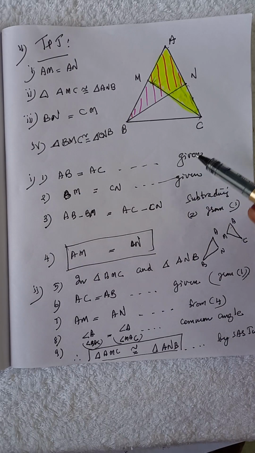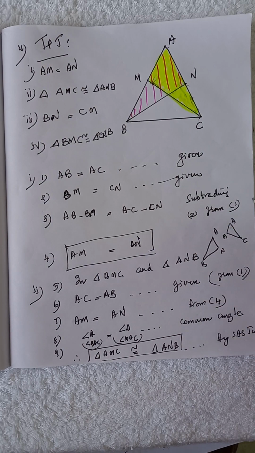Here if you draw these two triangles separately, it will come like this. So here angle A is common. If you turn this figure in this way, you can see that angle A is equal to angle A, then AC will become equal to AB, this side and this side, then automatically AM will become equal to AN. So these two triangles become congruent.